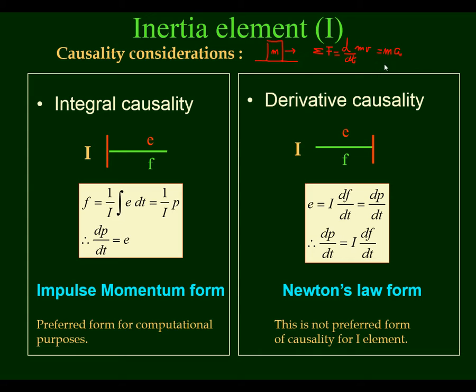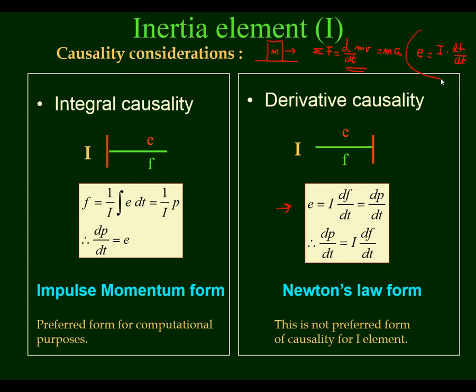Or you could say this is obviously written in derivative form, you see? This equation corresponds to this form because you can see F is E and this is M, we're going to call it I times df/dt. See?